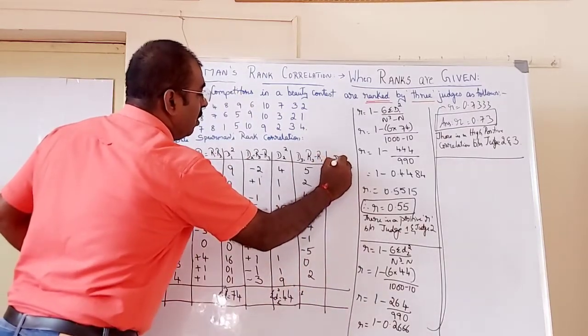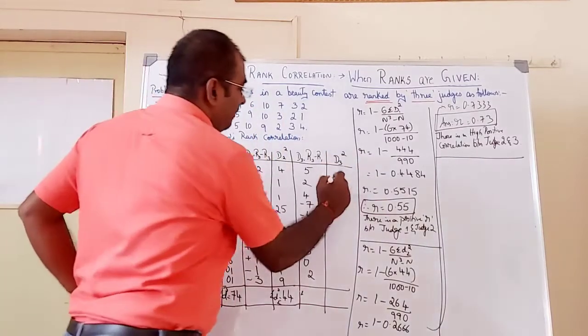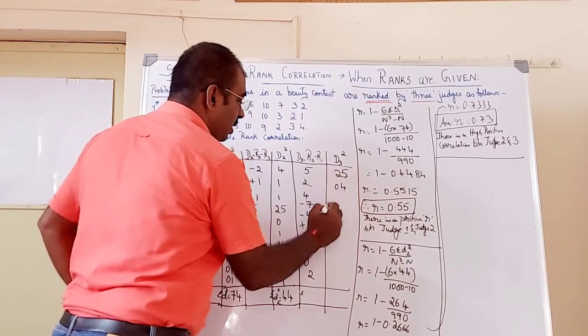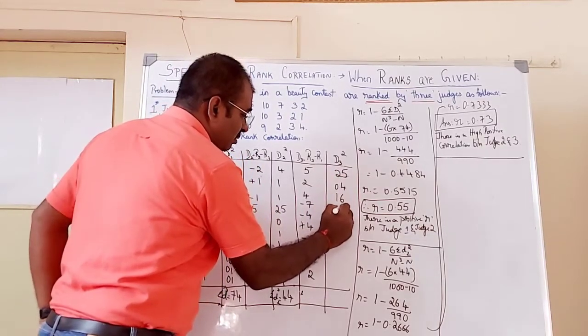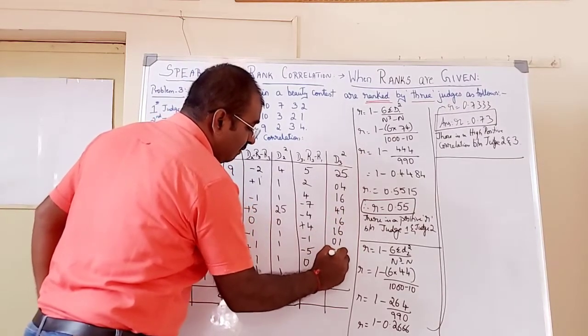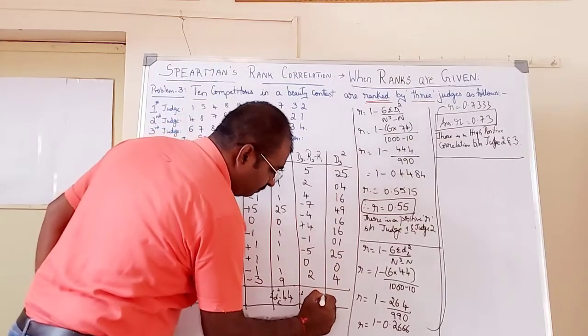Next, we are going to find out D3 the whole square. D3 the whole square is 5 squared is 25, 2 squared is 4, 4 squared 16, 7 squared 49, 4 squared 16, 4 squared 16, 1 squared 1, 5 squared 25, 0 squared 0 and 2 squared is 4.